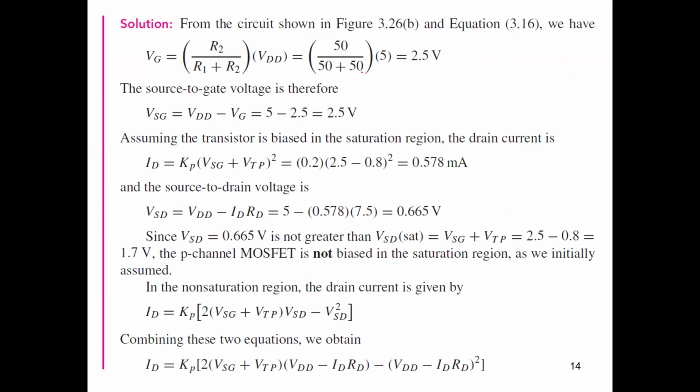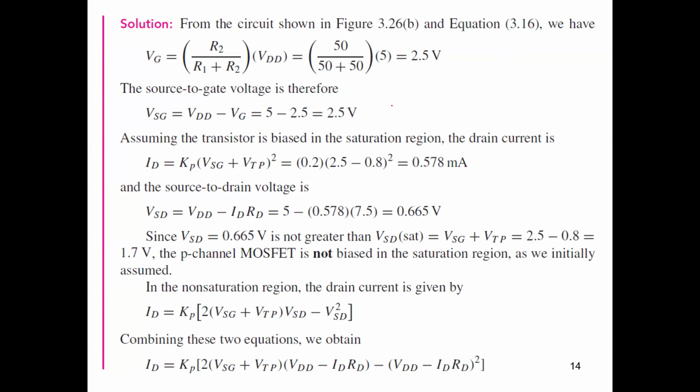Both are 50 kilo ohms, so 50 plus 50 again, times VDD equals 5, so this is 2.5 volt. Now, we need to get VSG, so VSG equals VDD minus VG. So it would be 2.5 volt as well.